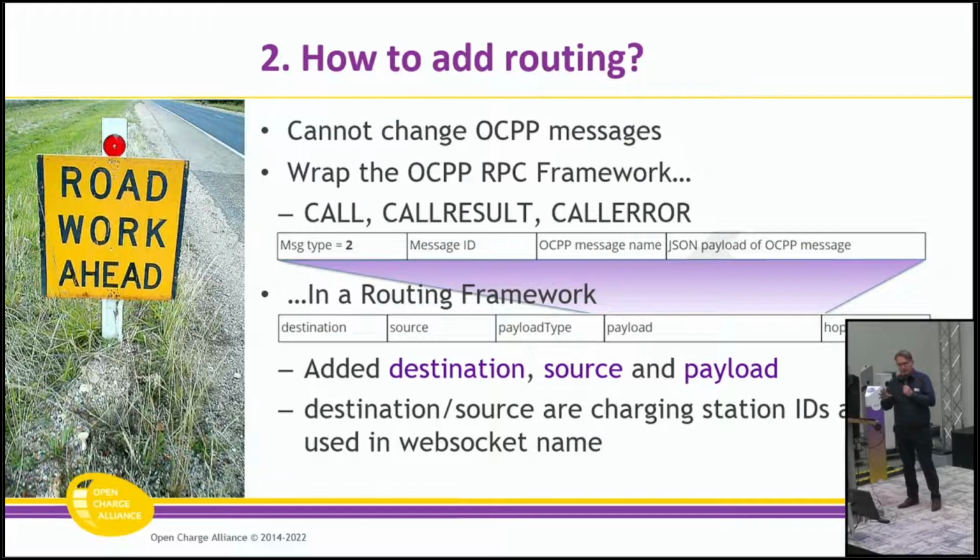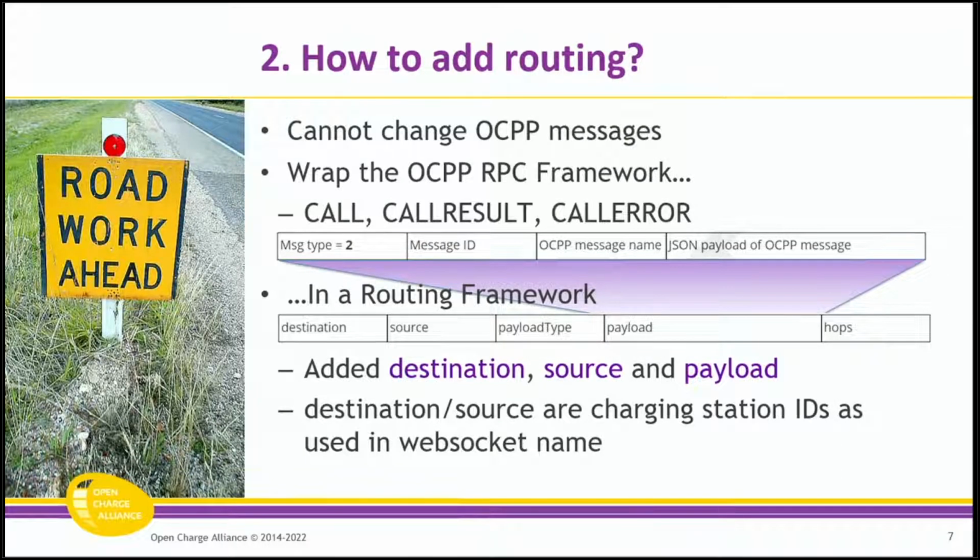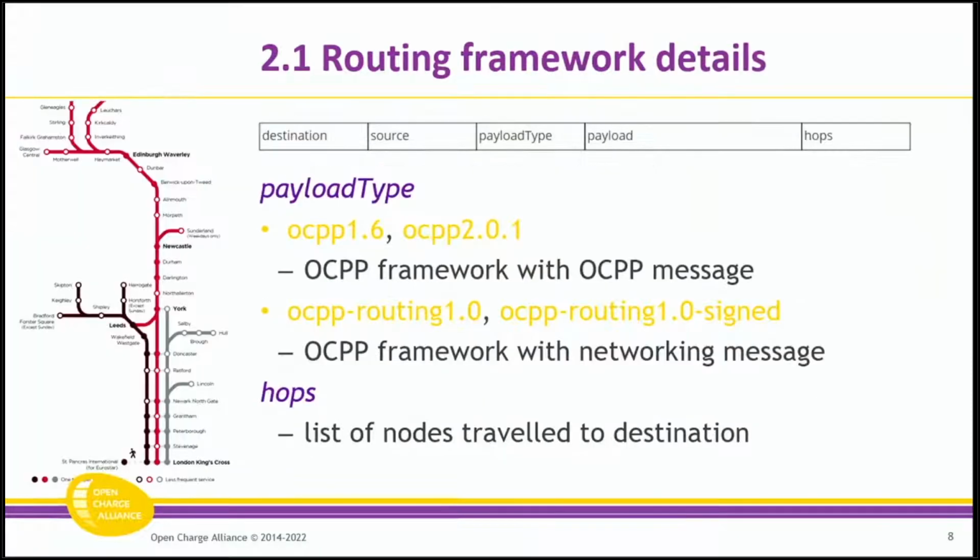The routing framework just takes the original OCPP framework as its payload, and adds a source and a destination for the message. Of course, you need a little more information. We also add a payload type, so you can tell the receiver whether the payload is a 1.6 message or a 2.0.1 message, for example.